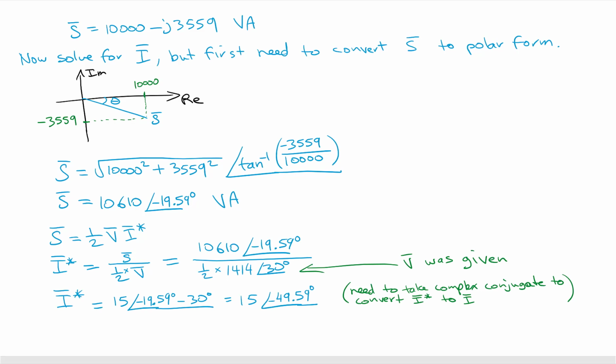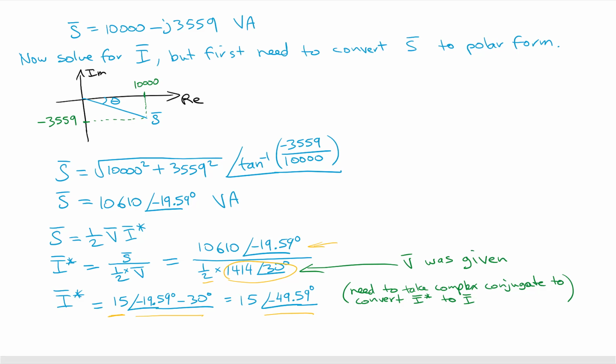So when we plug in our numbers, we plug in the complex power phasor, and then the phasor voltage, which was given to us. And then we have our multiplier of 1/2, and we get a value of magnitude 15 for the current, and the phase angle works out to minus 49.59 degrees.